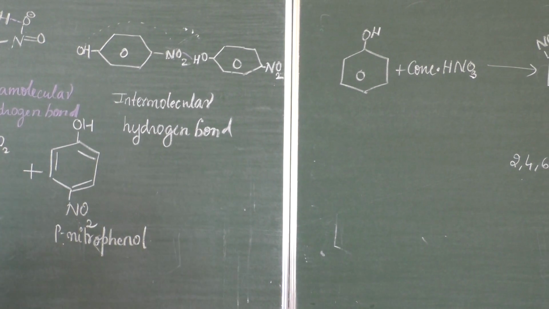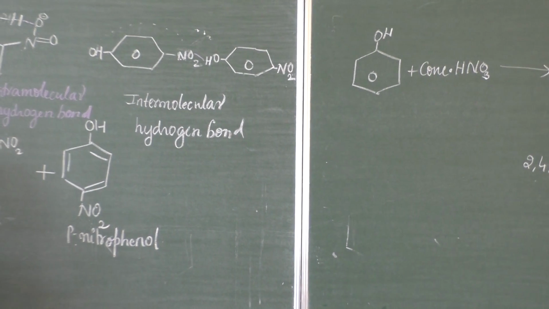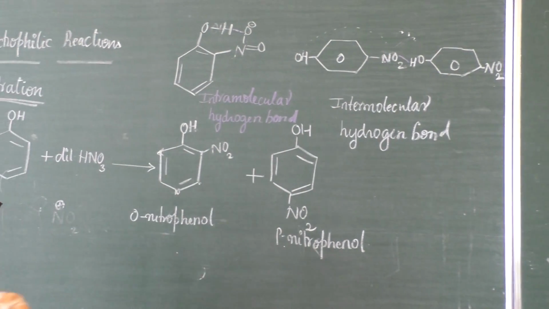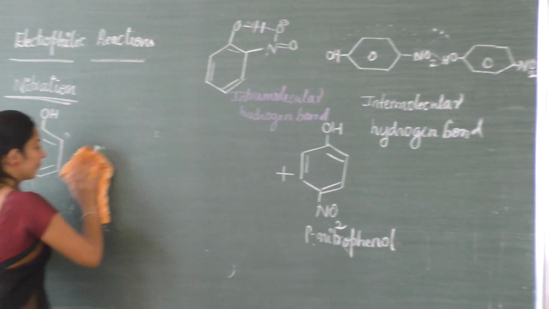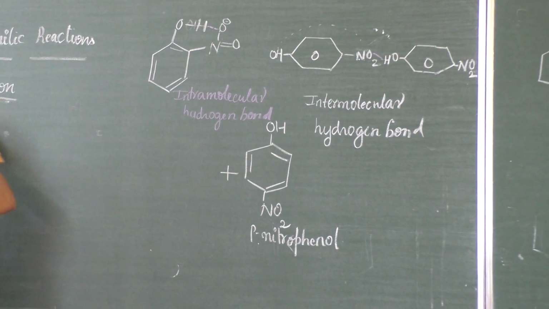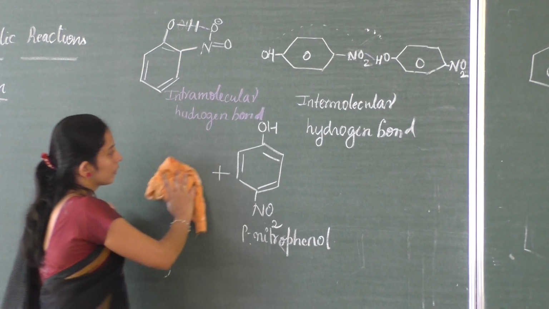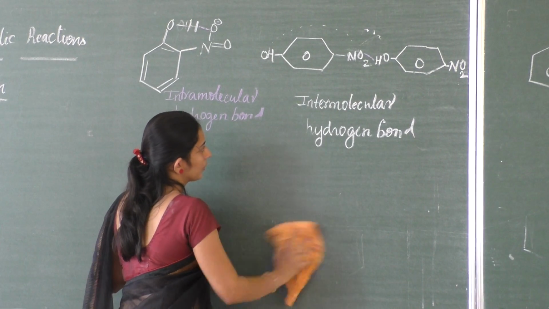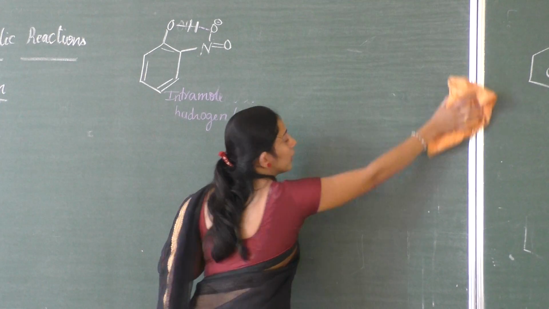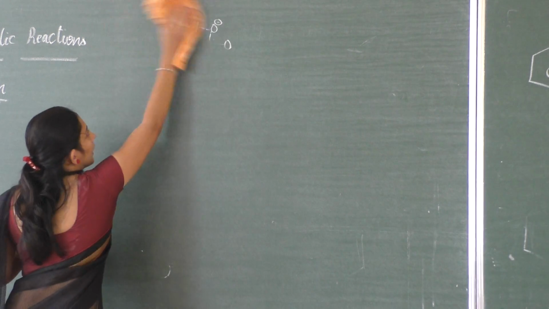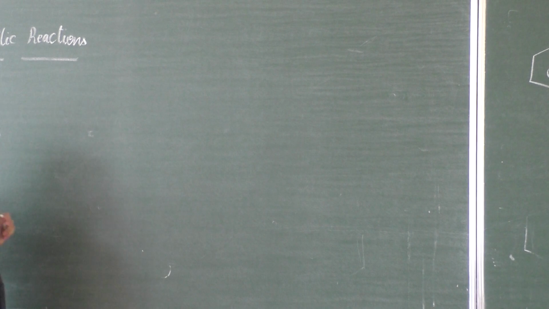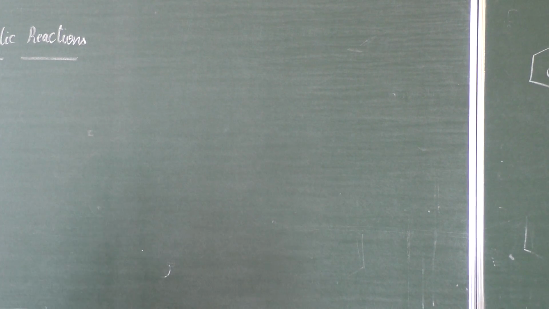We'll move on to the next one, that is halogenation. In halogenation, it is similar to the nitration itself, not much variation in the reaction.